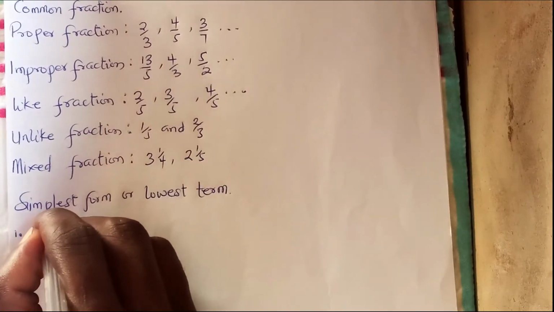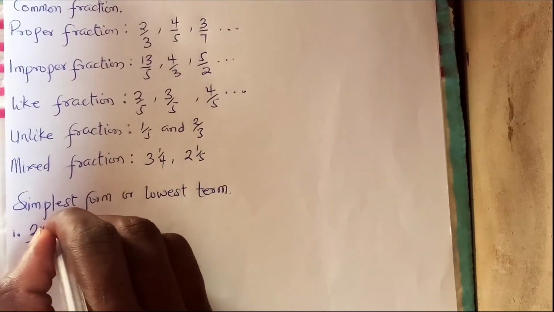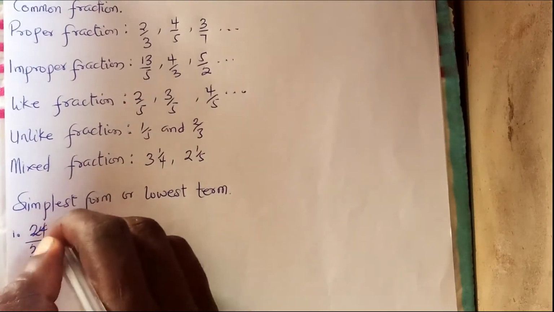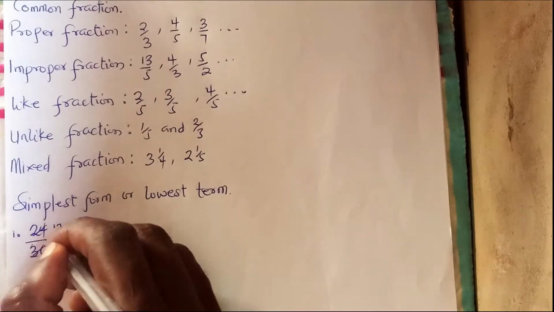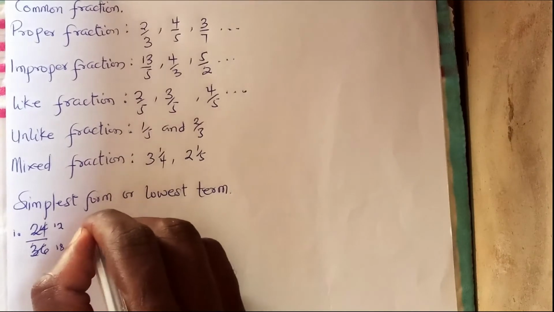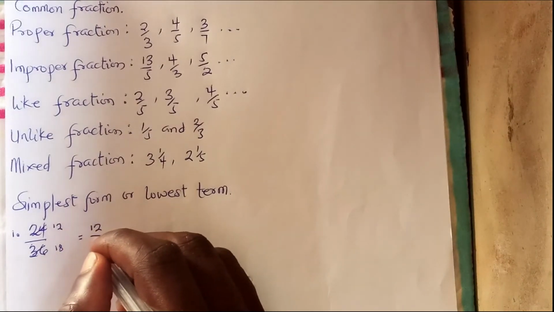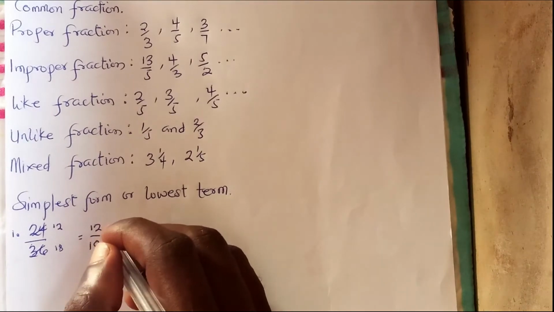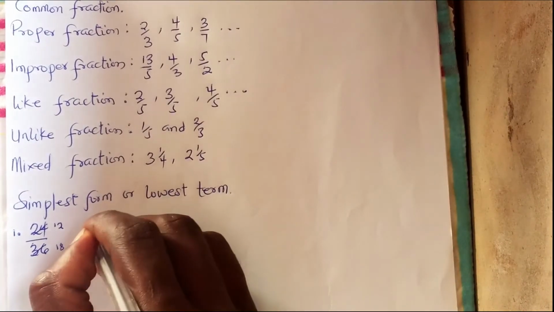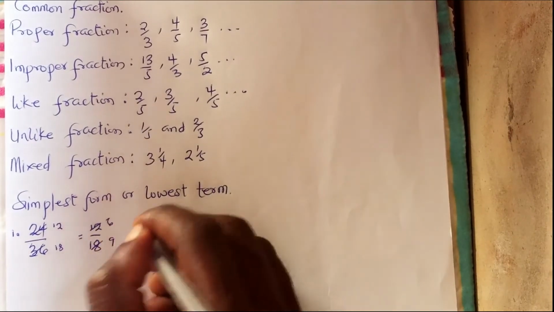2 can divide 24 12 times, and 36 18 times. So we have 12 on 18 as the breakdown of the 24/36. 2 can also divide the 12 by 6 and the 18 by 9.